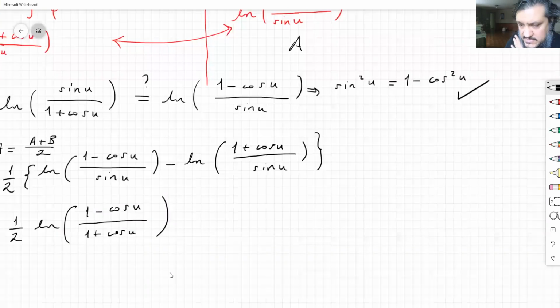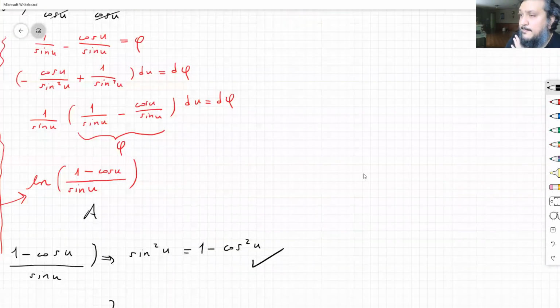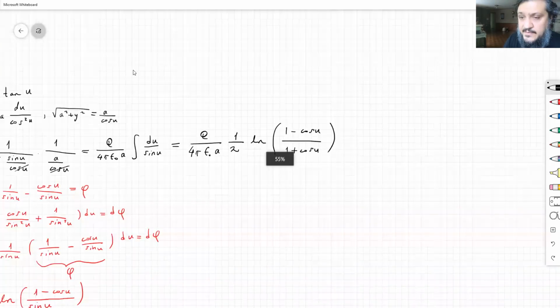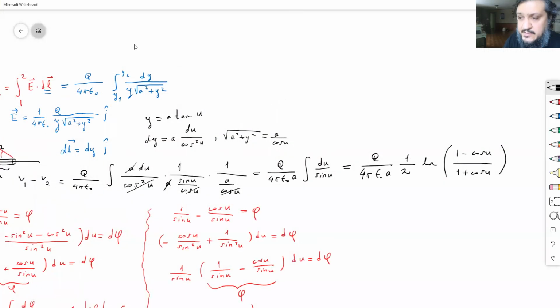It was 1 minus cosine u, divided by 1 plus cosine u. Okay, the final step, let's write down what cosine u is. Remember this, let's go back to our picture here. I think I marked already what u is there, right?